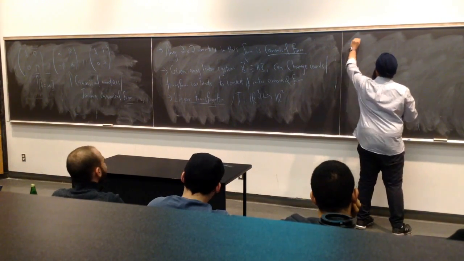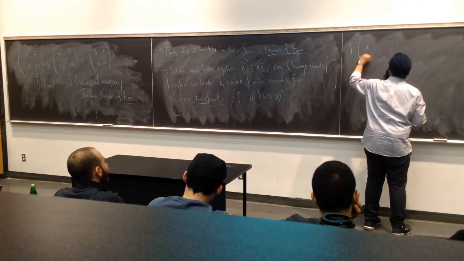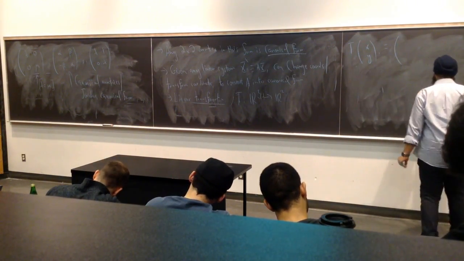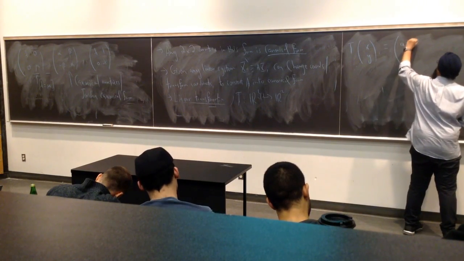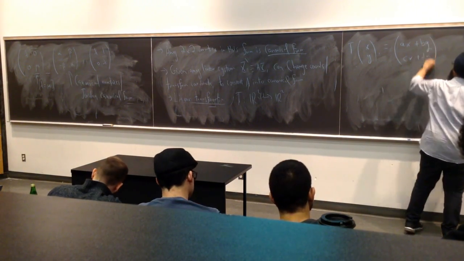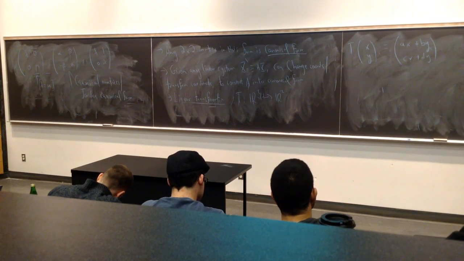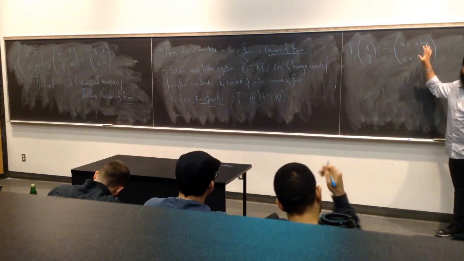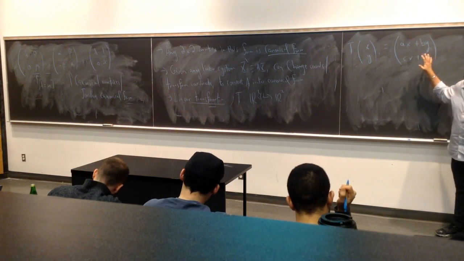So take T operating on my vector (x, y). Let me take it as the following: (ax + by, cx + dy). So this matrix T, when it acts on this vector (x, y), gives you another transformed vector, (ax + by, cx + dy).